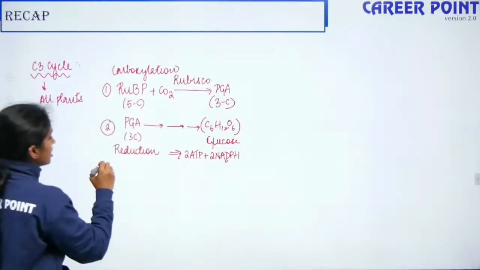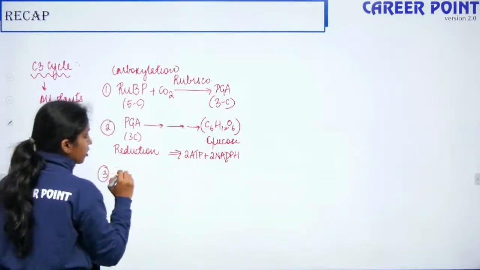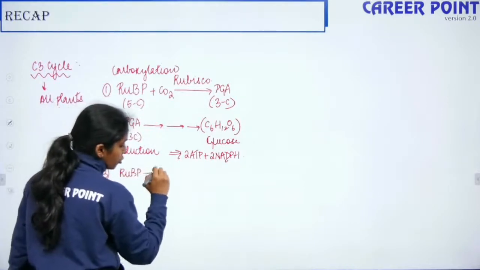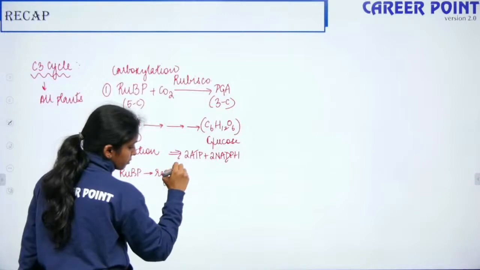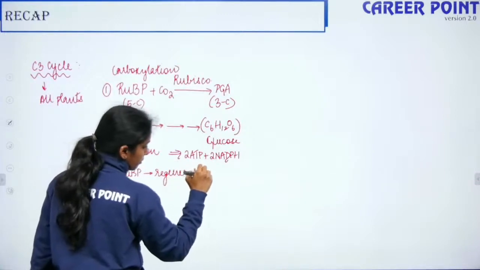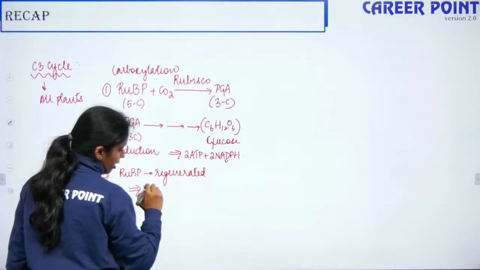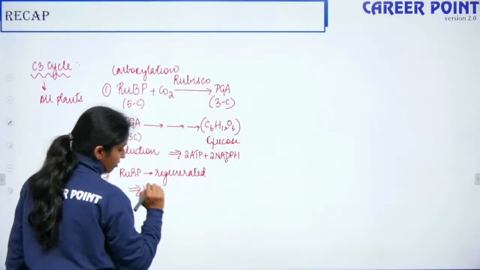The third step is the regeneration of RuBP. RuBP has to be regenerated, and for this we require 1 molecule of ATP. So this is your entire Calvin cycle.